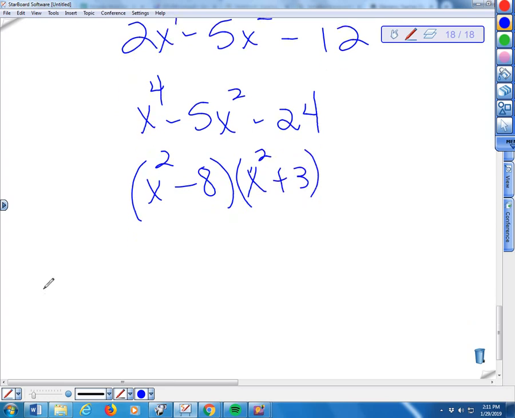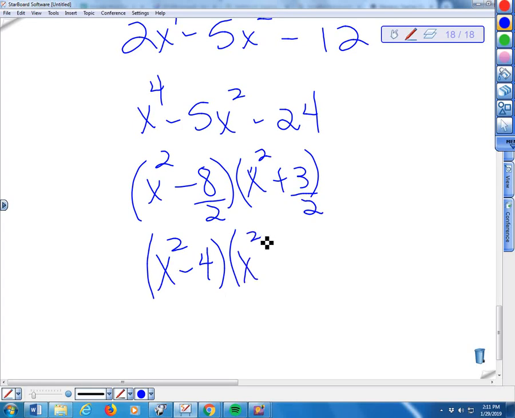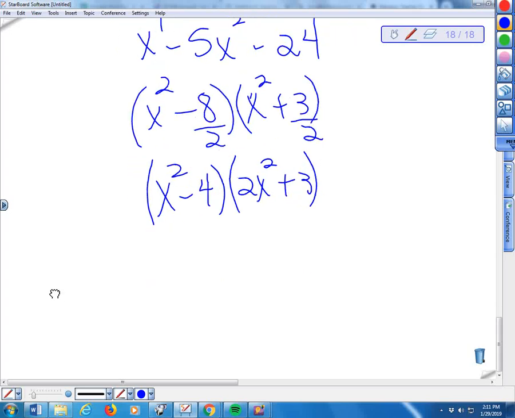Then I'd still divide by 2, and that would become x squared minus 4, and 2x squared plus 3. Not quite done. This is factorable.